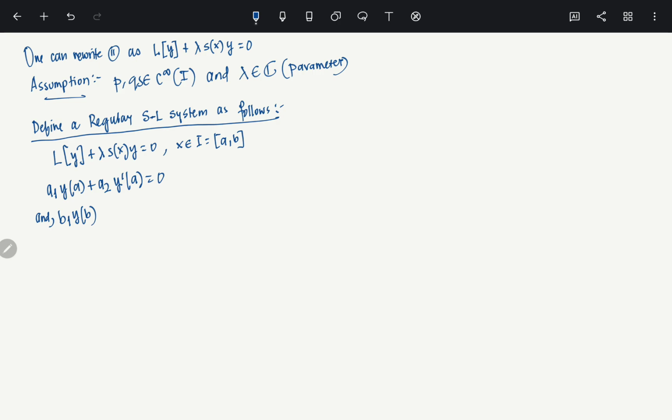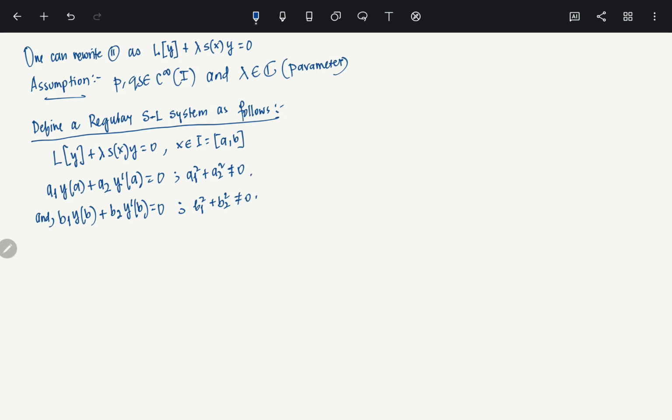Let me write it down and then I will explain. Here the assumption is A1 squared plus A2 squared is non-zero, and similarly the assumption is B1 squared plus B2 squared is non-zero.